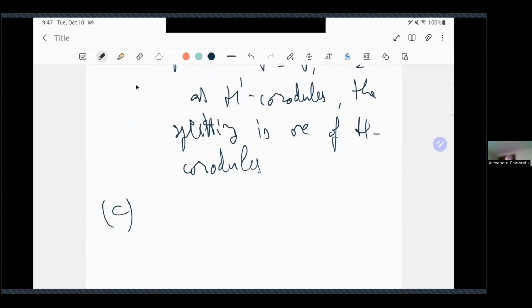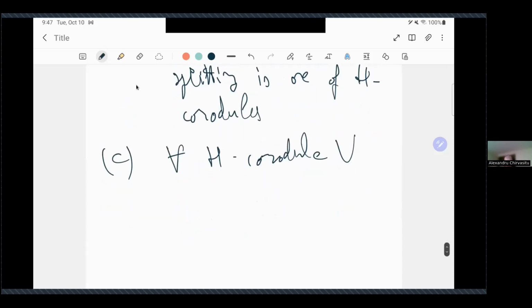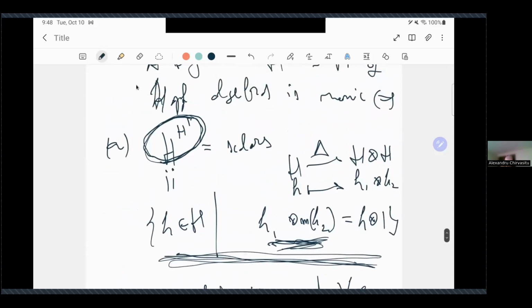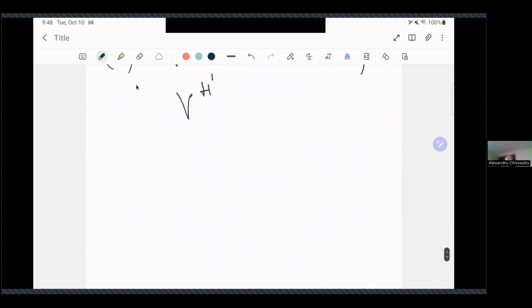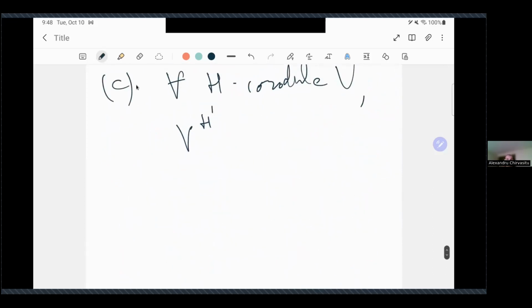C says that for every H comodule V, you can also ask this just for finite dimensional ones, it doesn't matter, you get an equivalent condition: the H prime coinvariants, defined similarly to these but taking elements from V instead of elements from H, are also, in fact, H coinvariants.